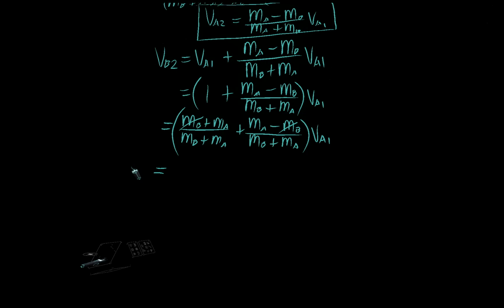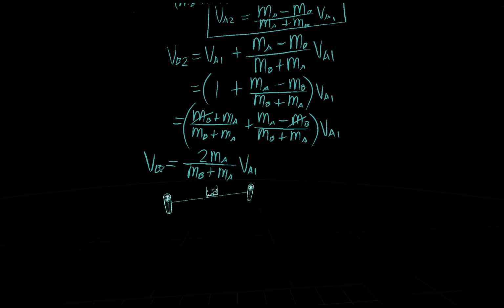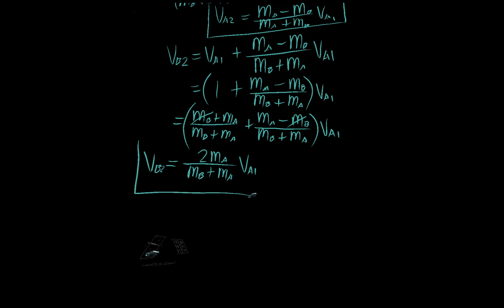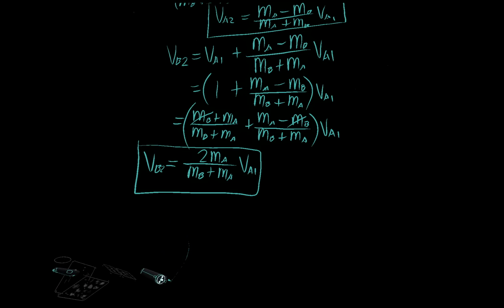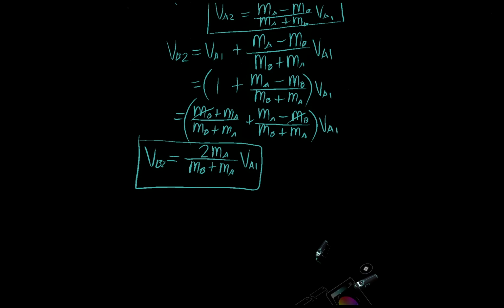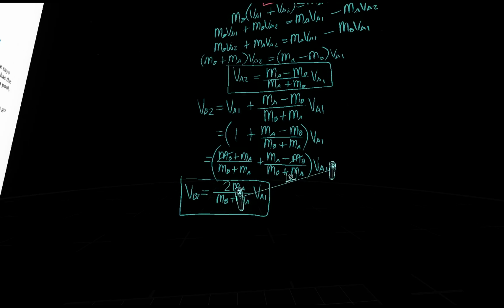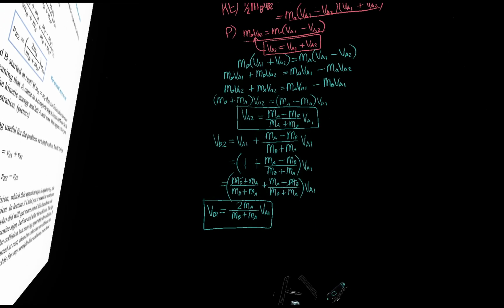So we have VB2 is equal to 2MA over MB plus MA times VA1. All right, so there we go. Now we solved for VB2, the final velocity of B, the object that started at rest in this case, in terms of the masses and the initial velocity of A. So there's our two equations that are useful for when body B starts at rest.